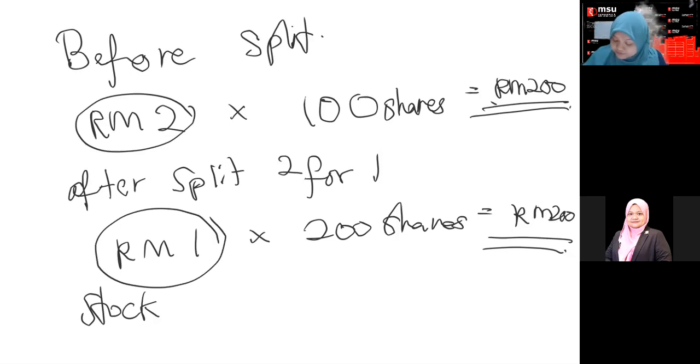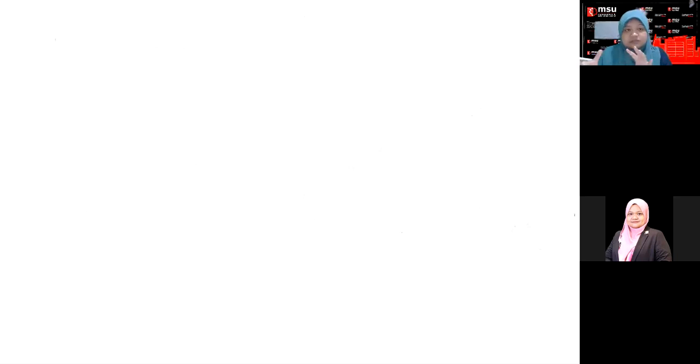Okay, now reverse stock split. Reverse stock split means it is the opposite, vice versa of a stock split. So we call it reverse stock split. I will just show you a reverse stock split.